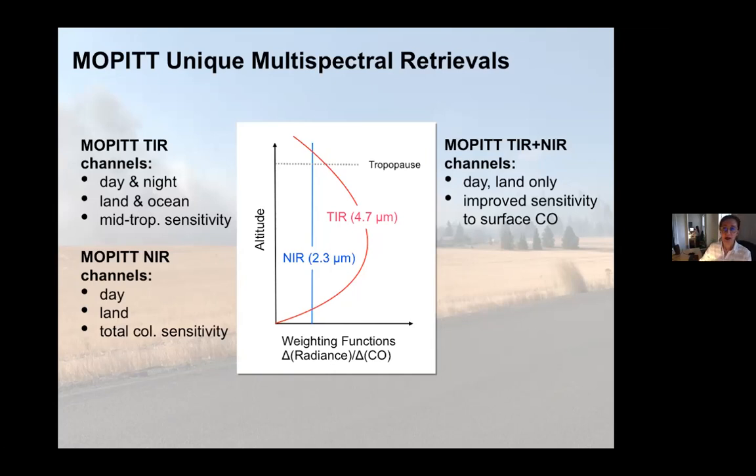Near infrared measurements are sensitive to total column values. And then for MOPITT, the multispectral measurements have enhanced sensitivity to CO near the surface, which is very important because near the surface is where most of the CO sources reside.